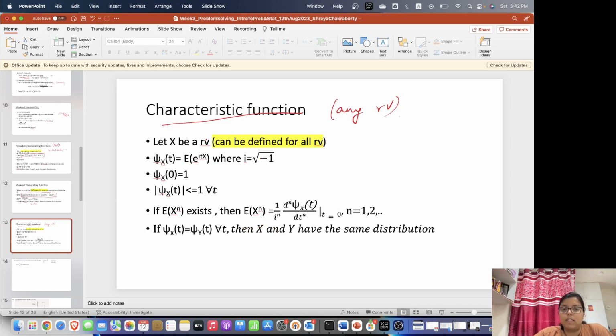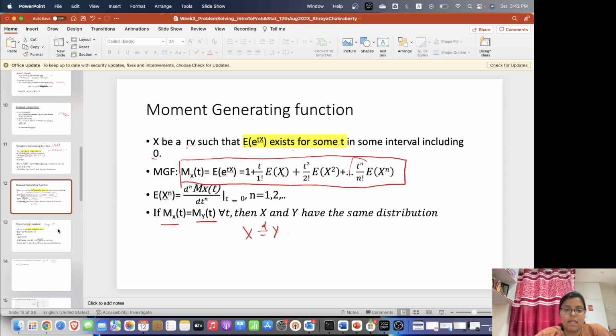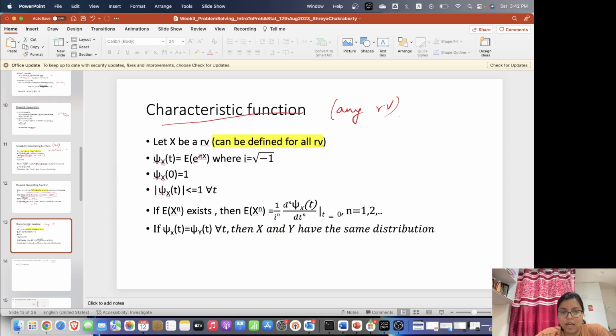So what is the difference between MGF and characteristic function? Here we have e to the power tx. Here instead of e to the power tx, we have e to the power itx, where i is the square root of minus 1. And from the characteristic function, to find the expectation of x to the power n, we do the same thing.